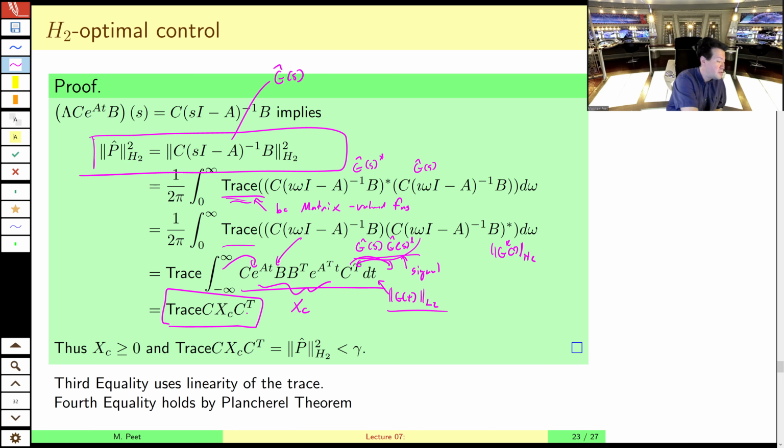So another way we can relate the H2 norm to this positive matrix is through a controllability Gramian, which of course acts like a Lyapunov function. And of course the Gramian is positive, and we just proved this, and so we conclude that if the LMI is satisfied, then this is true.